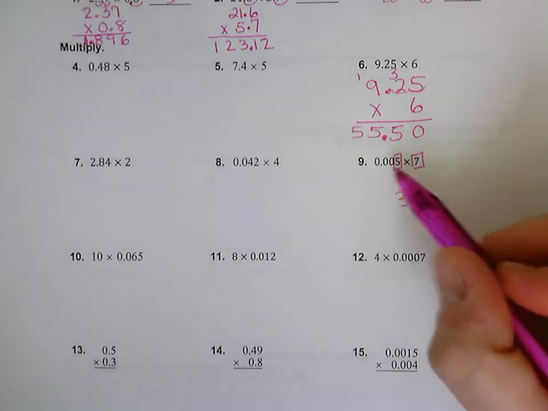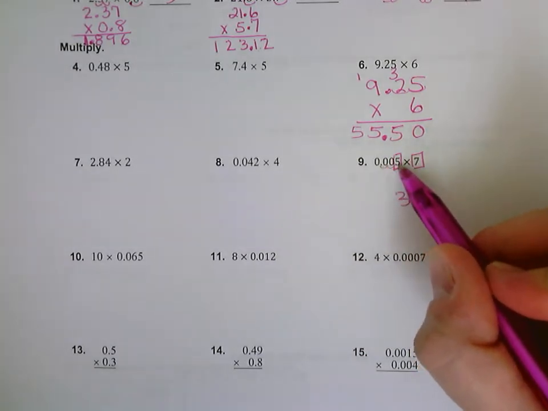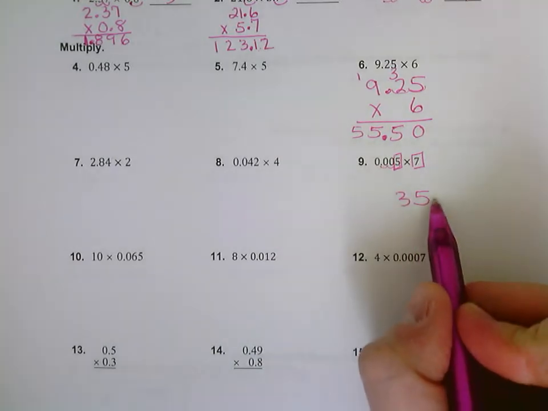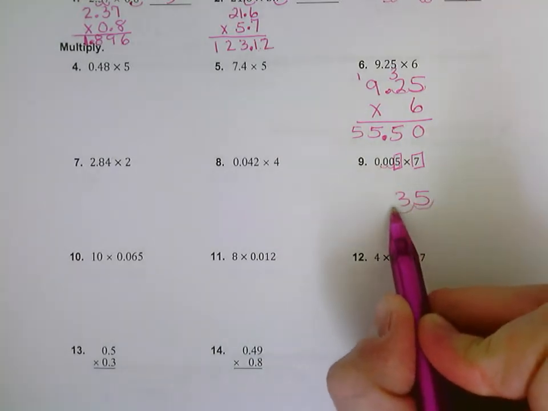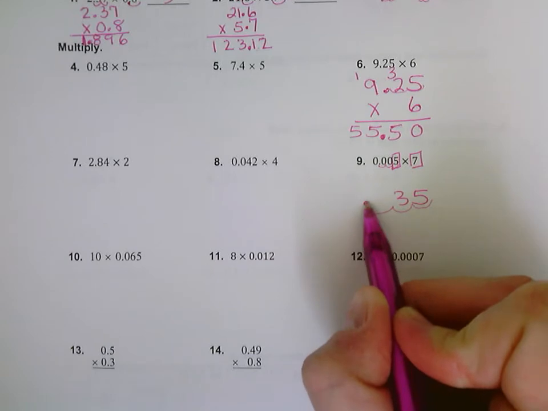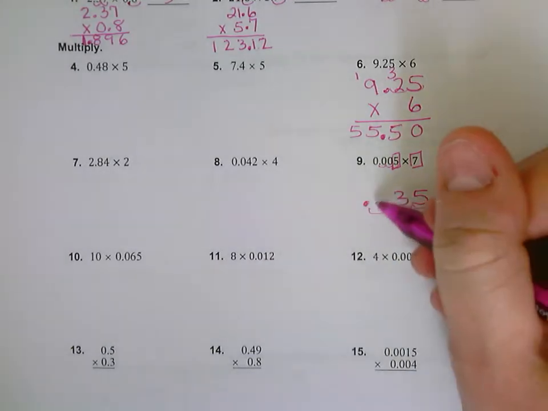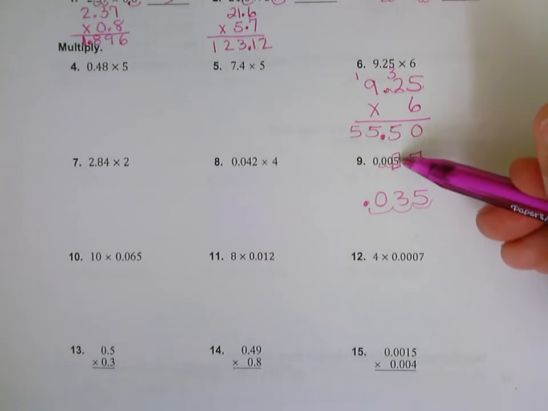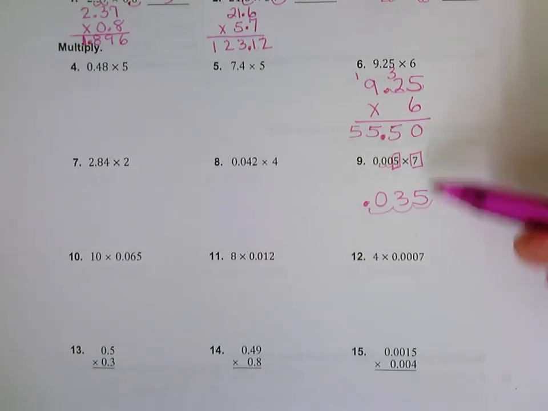And I know that this number has 1, 2, 3 decimal places, and this one has none. So I know I need to move this back 1, 2, 3 decimal places. So my decimal point is going to go right here. I'm going to fill this empty spot in with a 0. So 5 hundredths times 7 is 35 hundredths.